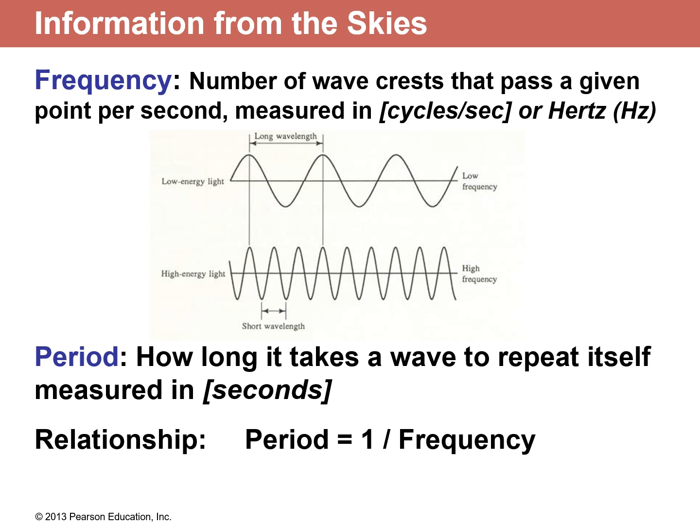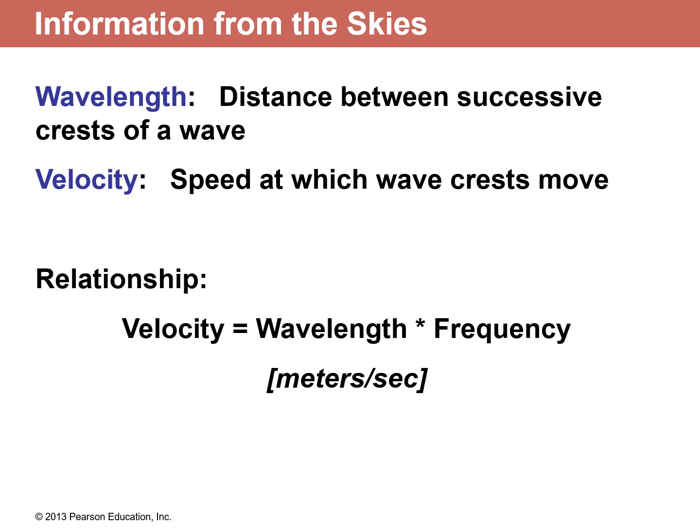So learn something hopefully about the frequency of a wave. Let's look at now wavelength. There's the discussion of wavelength. The wavelength is the distance between successive crests or successive troughs of a wave. And the velocity of a wave is just the velocity that we always talk about.